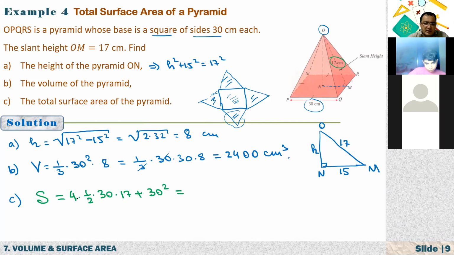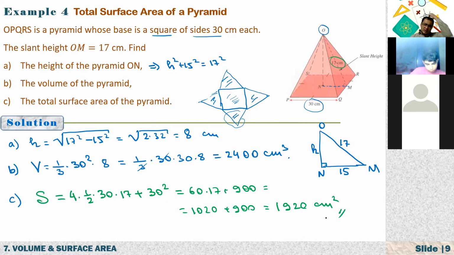It is 4 times half, which is 2, and 2 times 30 is 60. So here we have 60 times 17 plus 30 squared, which is 900. 60 times 17 is 1020, plus 900, which is equal to 1920 cm squared. So the total surface area of this pyramid is 1920 cm squared.